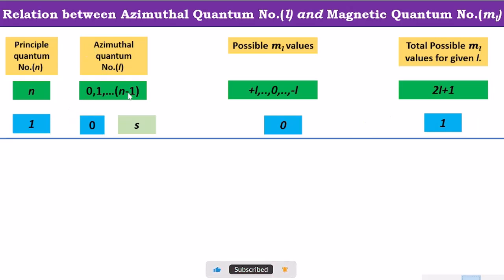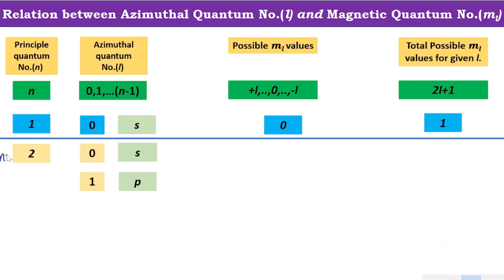In this way, we can calculate the azimuthal quantum number values from values of n, the principal quantum number. Similarly, the possible ml values can be calculated from the values of L, and the total possible ml values can be calculated from the value of L. Let's consider the principal quantum number having a value 2.